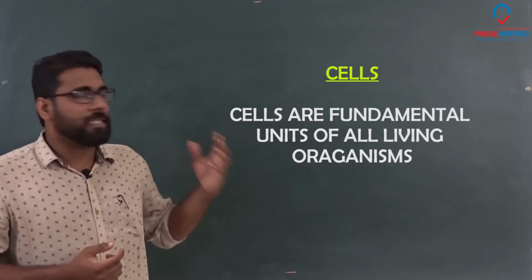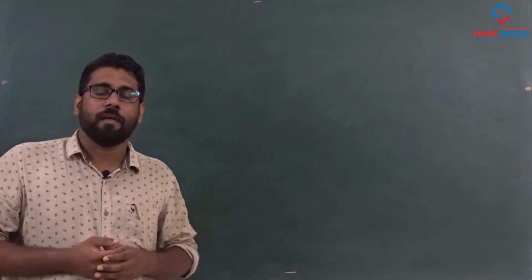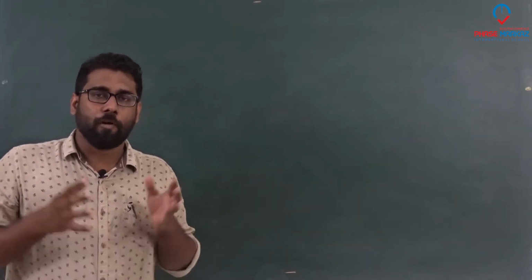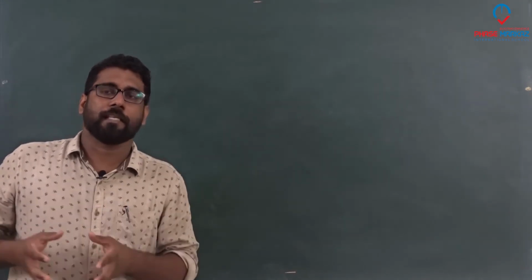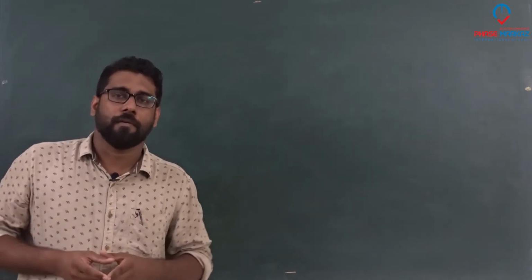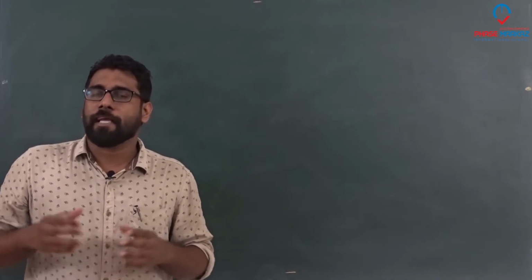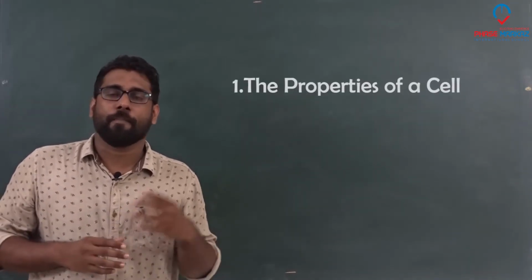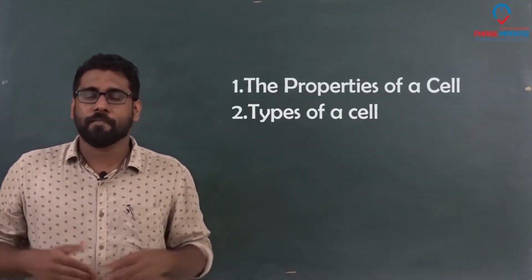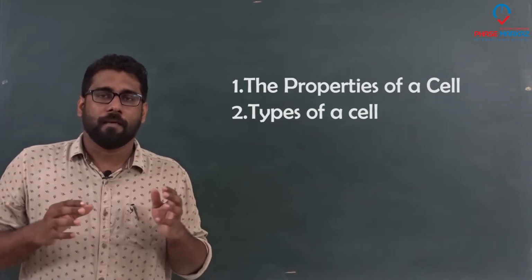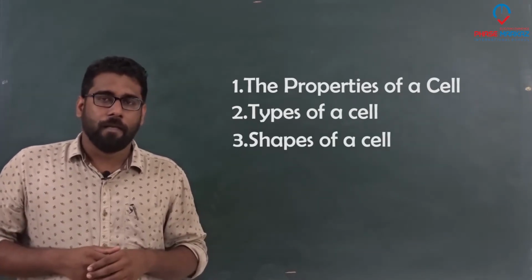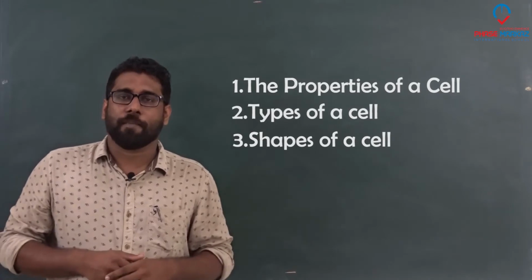So what are we expecting? We have to learn a lot about the cell and what we are discussing in this chapter. This chapter explains the properties of a cell, types of cells, and different shapes of cells. And now we can enter this chapter.